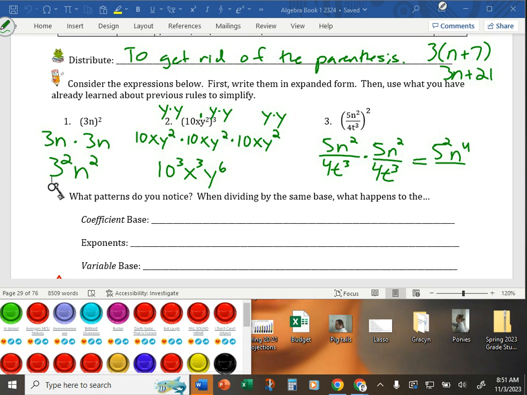And then in our denominator, not 4t, 4 squared, because there are 2 of them now, right? 4 times 4. And it's not t to the 9th, it's t to the 6th. Why is it the 6th? Because we have 3. We get 3 more. 3 plus 3 is 6.